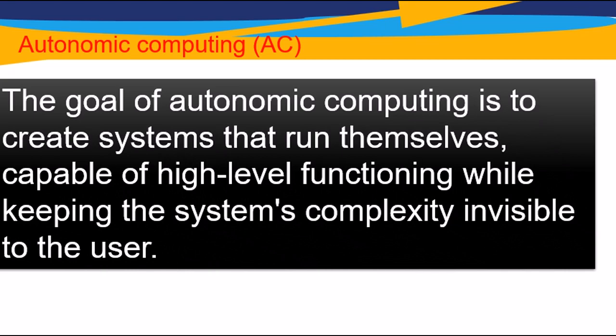The sensor provides a mechanism to collect information about the state and the state transition of an element. The effectors are mechanisms that change the state and configuration of an element. The goal of autonomic computing is to create systems that run themselves, capable of a high level of functioning while keeping the system's complexity invisible to the users.